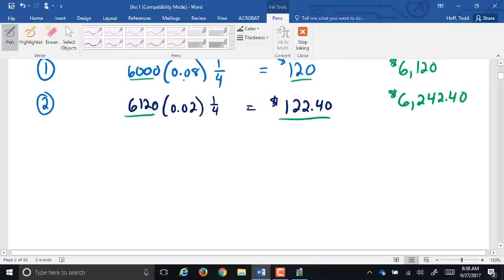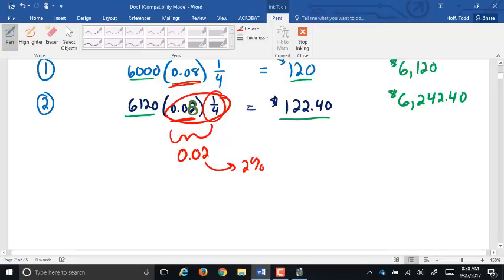The percent, however, is not 8% because it's only going for a quarter at a time. When you multiply that out, 0.08 times 1/4, we get 0.02. What that means is we are increasing by 2% per quarter.